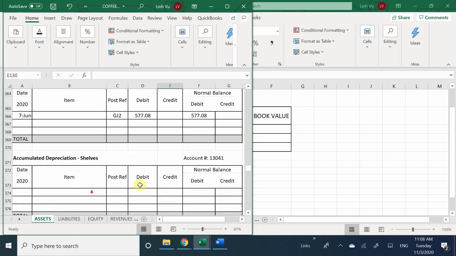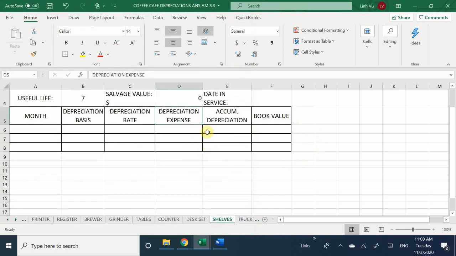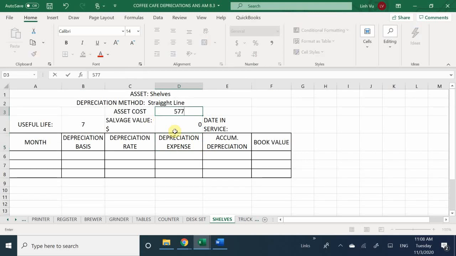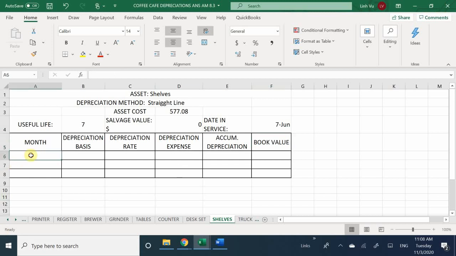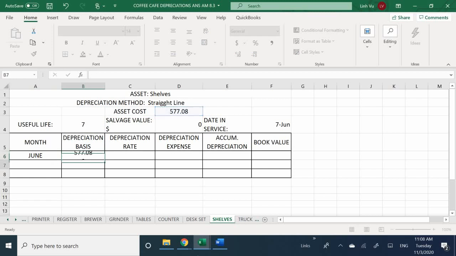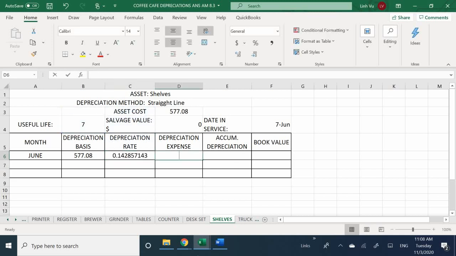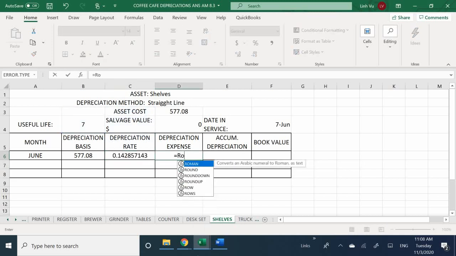577.08. 577.08. And we placed it on June 7. Okay, month here. Depreciation basis 577.08. $6.87.